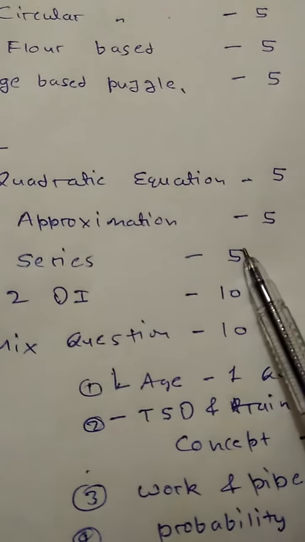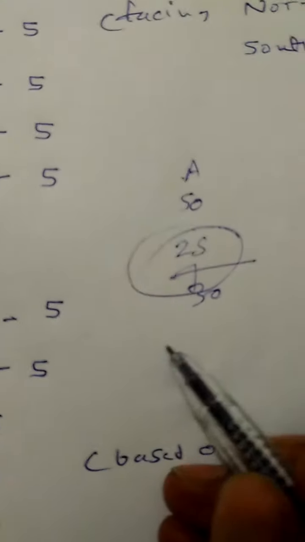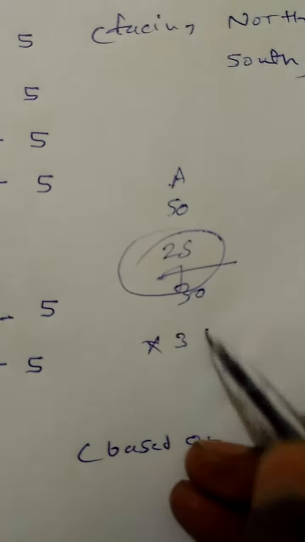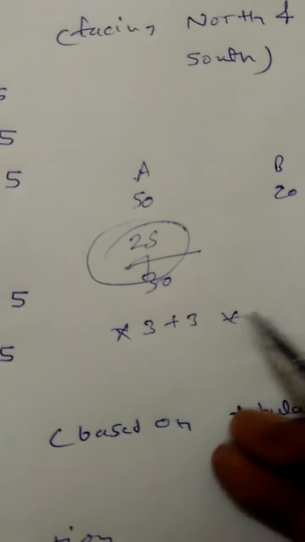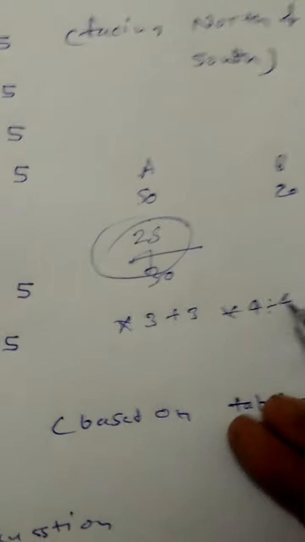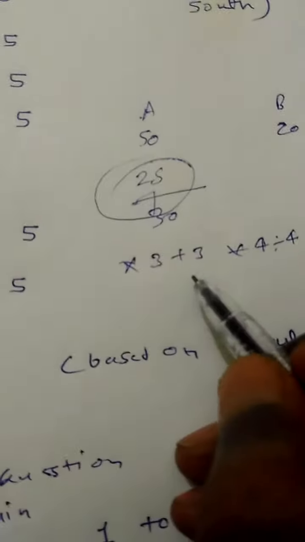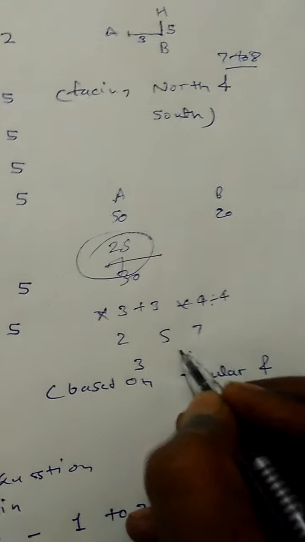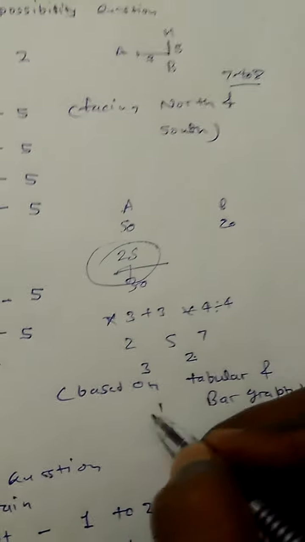One question will be moderate, and the concepts in series are like multiply by 3 plus 3, multiply by 4 divide by 4, or the double subtraction method like 2 5 7 2 5 minus 2, 3 7 minus 5, 2 3 minus 2 1. This type of question comes.